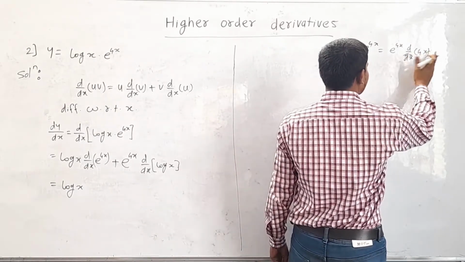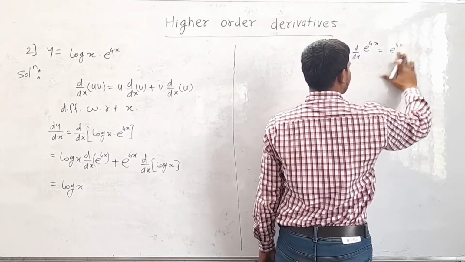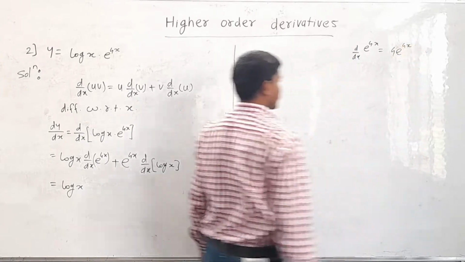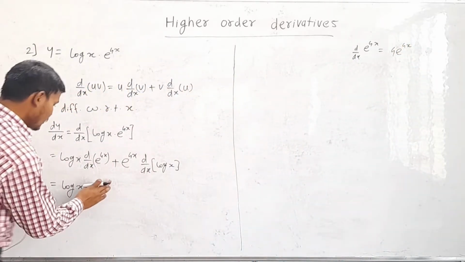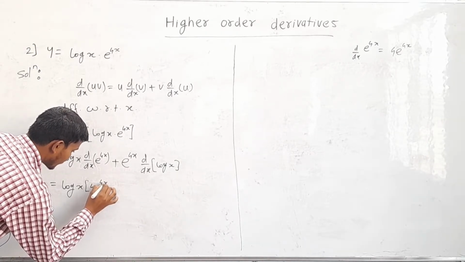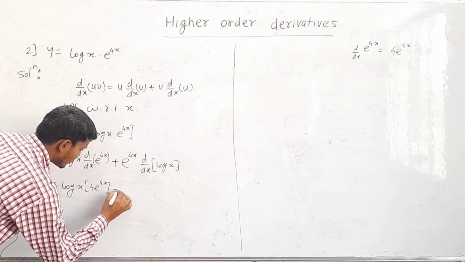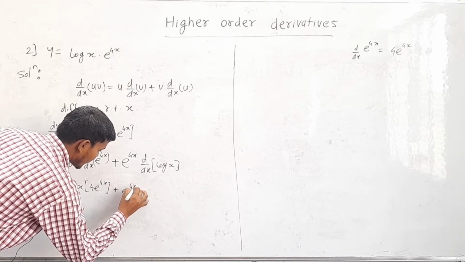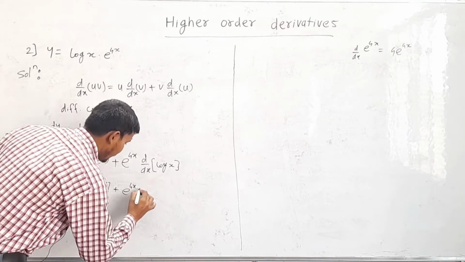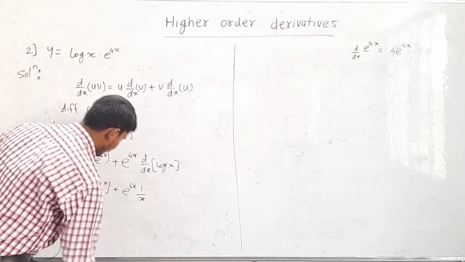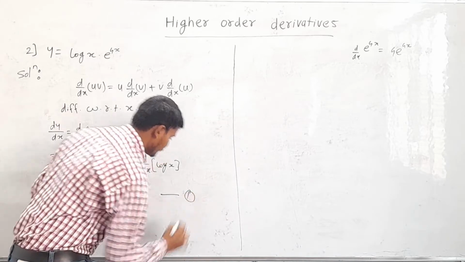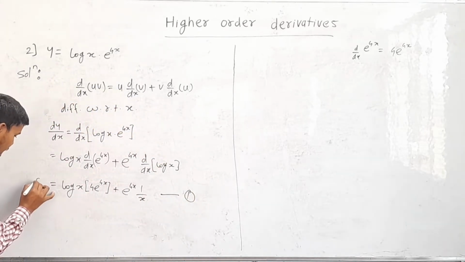So this becomes 4 e raised to 4x, plus e raised to 4x as it is, and the derivative of log x is 1 by x. This is equation number 1, that is the first derivative dy by dx.